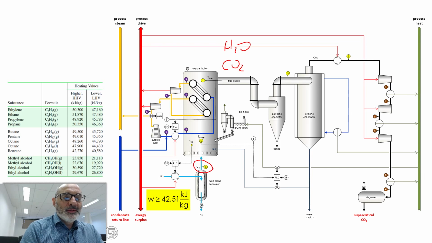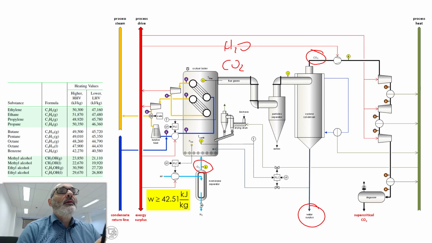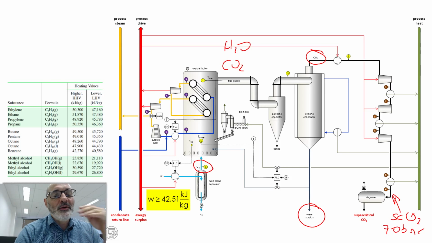We cool these gases and we get water here, so we have pure CO2 here, at low pressure. So what we do next, we compress in order to get supercritical CO2 here, SCCO2. Supercritical means that pressure is going to be greater than 70 bar, for instance. The temperature, 30, 40 degrees or something like this. So we're going to compress CO2.